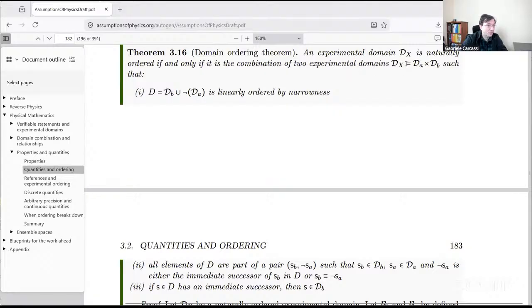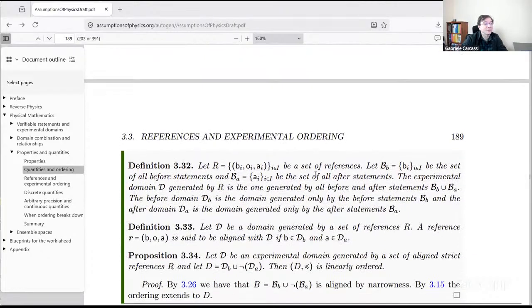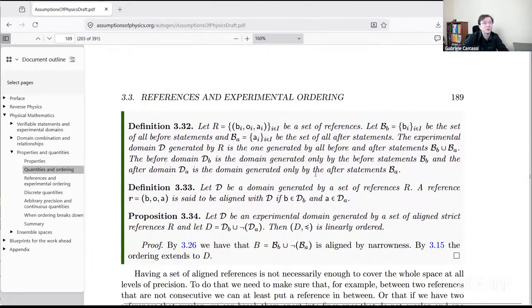The first thing is that we need to be able to take the domain and see it as the combination of two domains, such that the before domain and the not after domain are linearly ordered by narrowness. So this is actually what we are going to find here, so that we start reproducing those requirements.